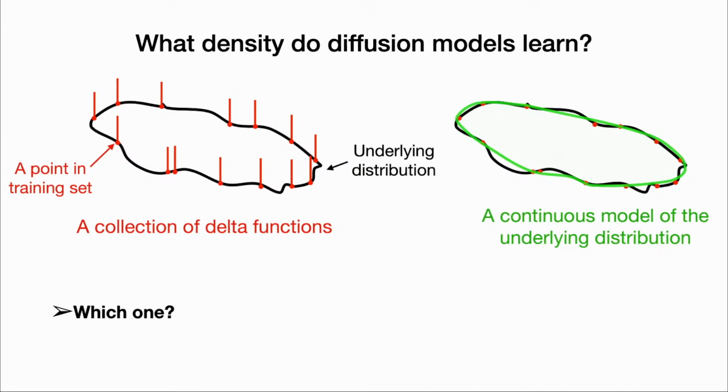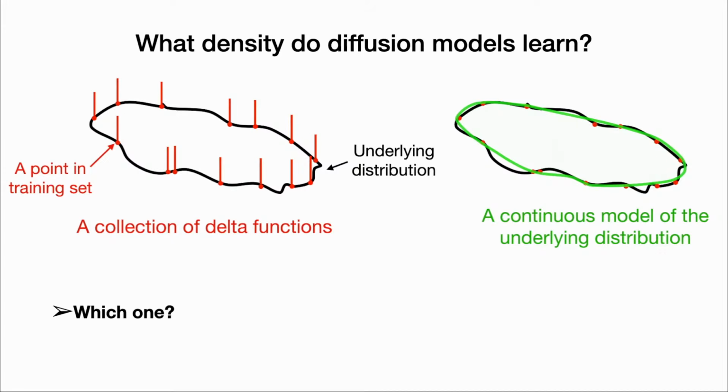The way that we are evaluating these models is basically by looking at the samples. And one way to get high quality samples is to cheat and memorize the training set. In that case, the prior that is embedded in the model is just a collection of delta functions. So there is no compression really happening. It just is a lookup table. It looks at the things that it has memorized and gives you back one of them.